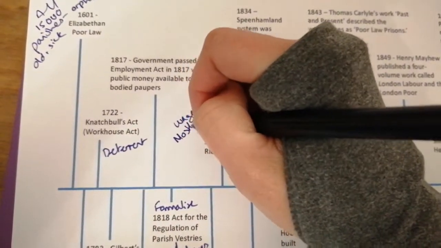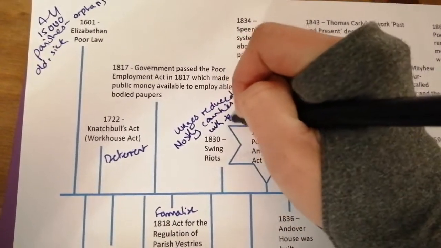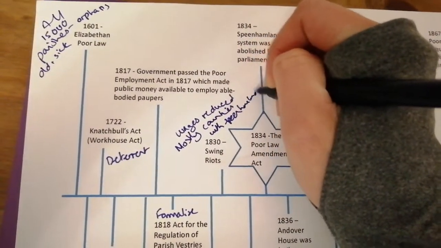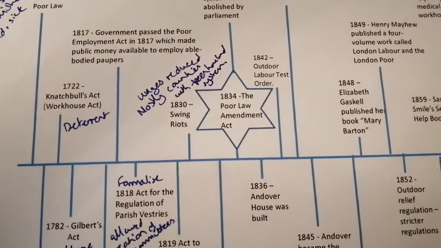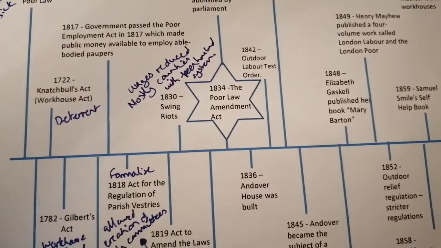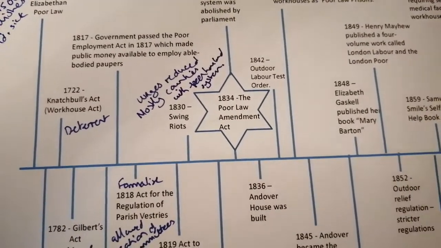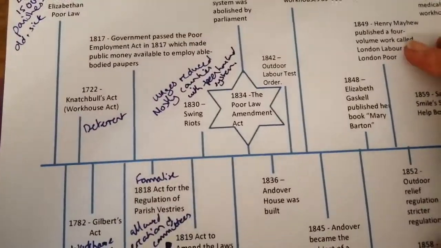So I'm going to put mostly counties with Speenhamland system. So although it's not necessarily about the poor laws, it is interesting that the Speenhamland system is clearly causing these issues. It's making employers put lower wages, which in turn is causing part of the Swing Riots.